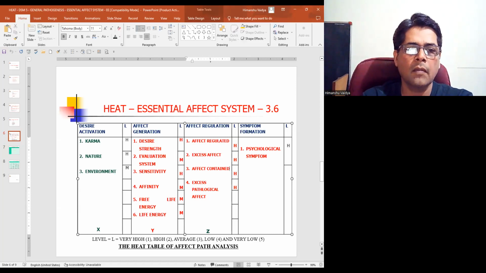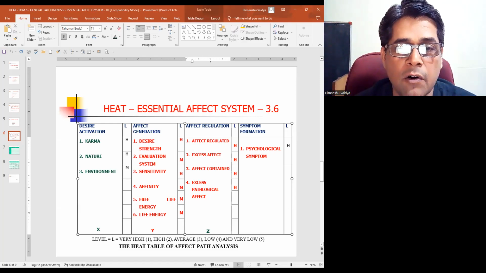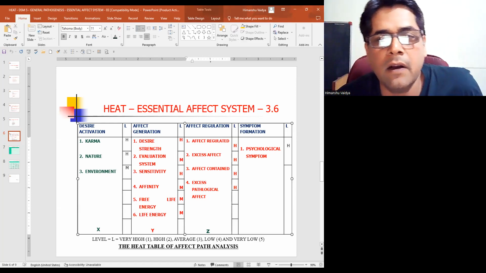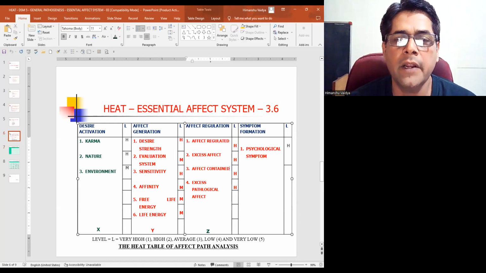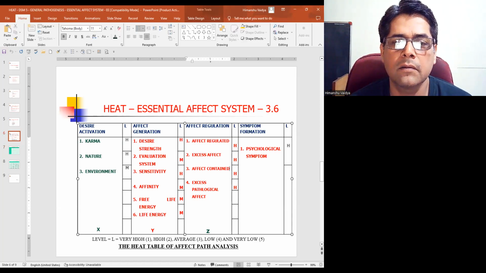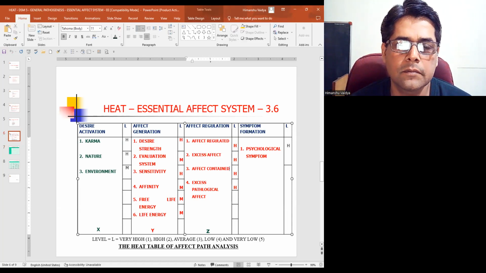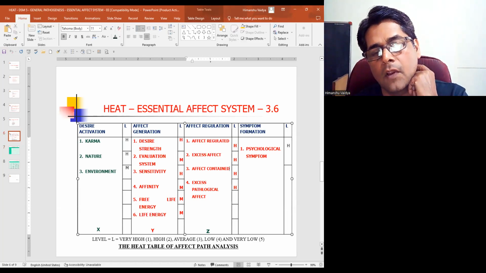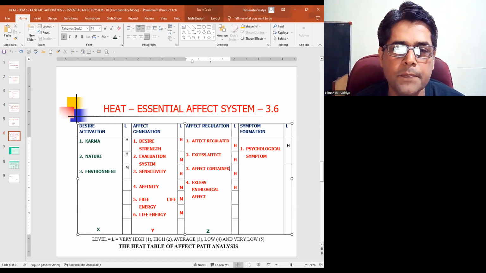Let us say we have one patient where the karmic element is very high. Another person where the environmental component is very strong. And this leads to very high affect generation of rage towards oneself or rage towards somebody else.